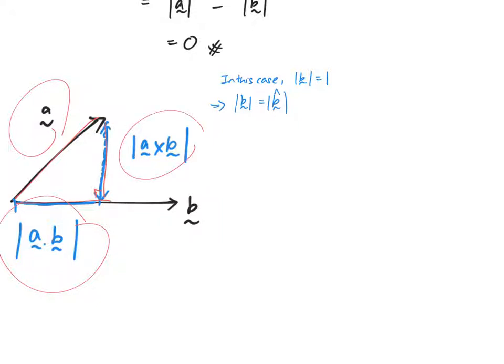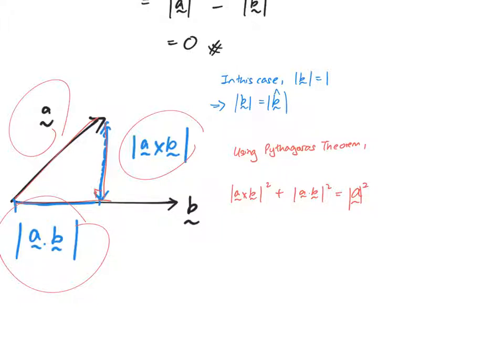Okay, so using Pythagoras theorem, very quickly, the sum of squares of the adjacent and opposite should equate to the square of the hypotenuse.